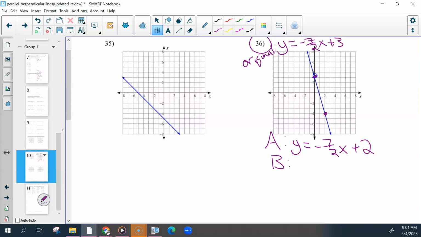Any y-intercept that's not 3. So then B, take the slope, flip it, make it positive, and then put whatever y-intercept you want. Questions on that one or any other questions in this section?